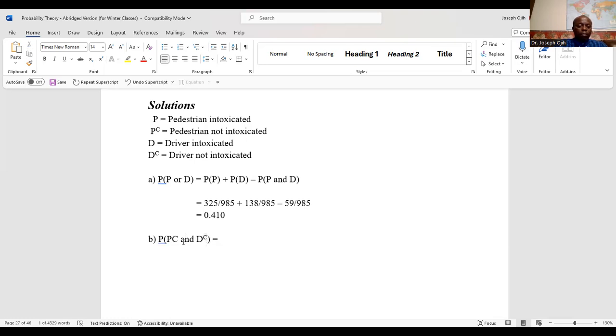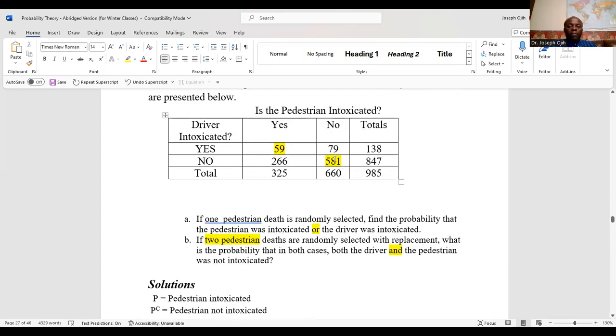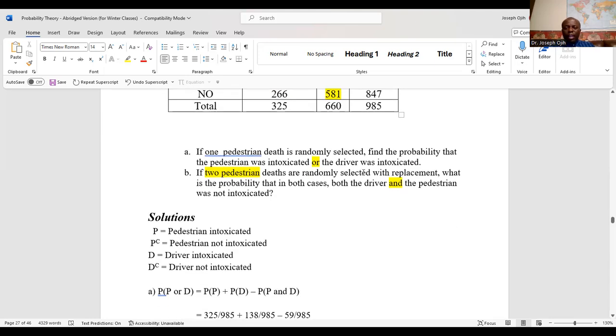Since this represents both of them not intoxicated, and there are 2 of them, that means 581 over 985 times 581 over 985. Instead of writing it that way, you can just write 581 over 985 raised to the power 2, to save time.